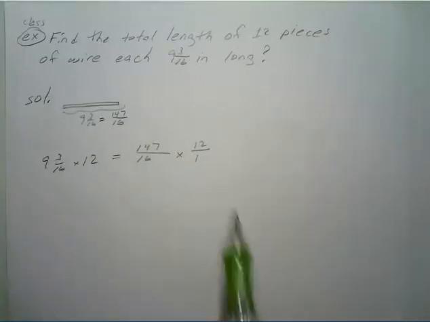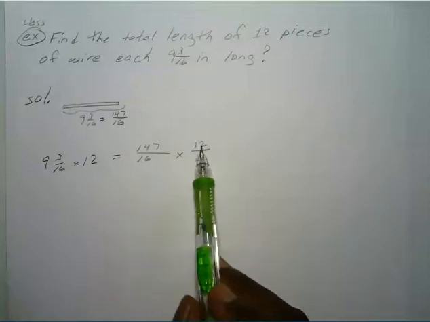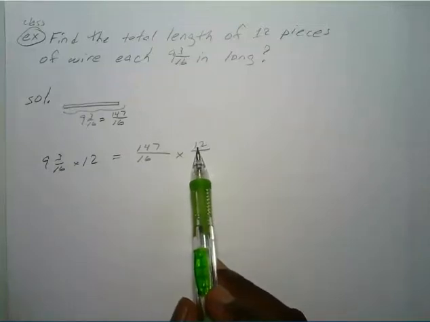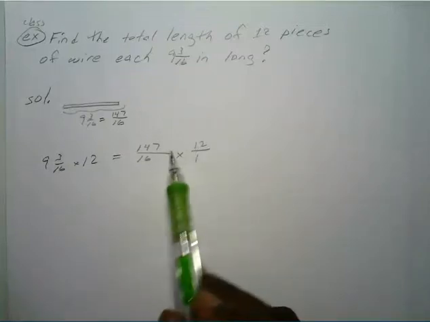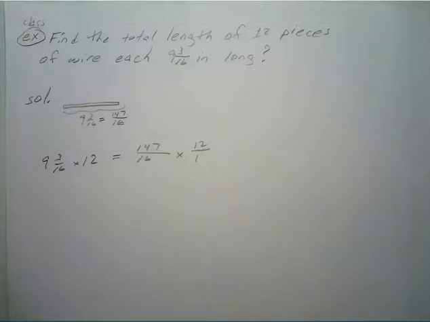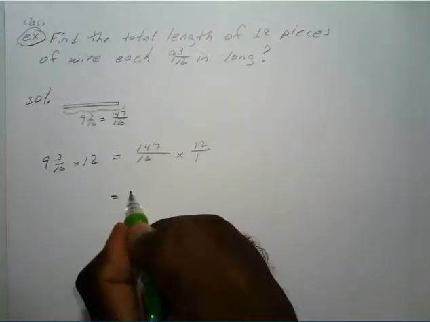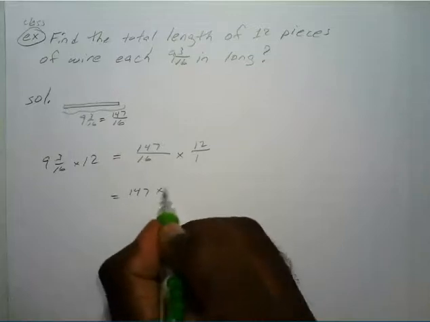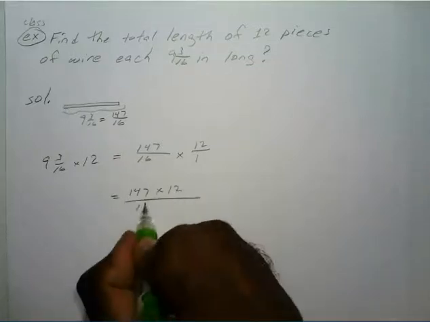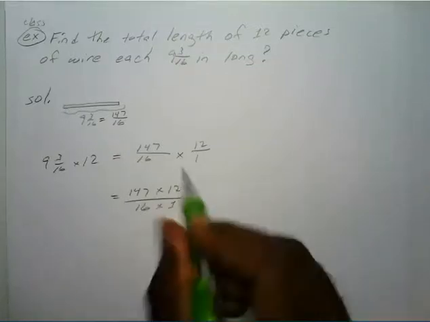If you do 147 times 12, that's going to become a very big number, and trying to simplify it is going to be a little bit tougher. So we have 147 times 12 over 16 times 1.